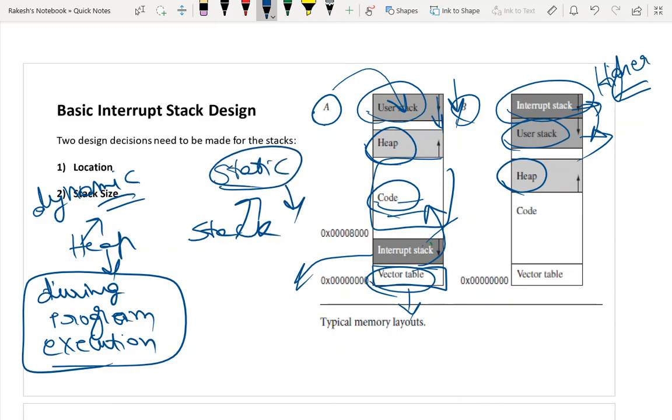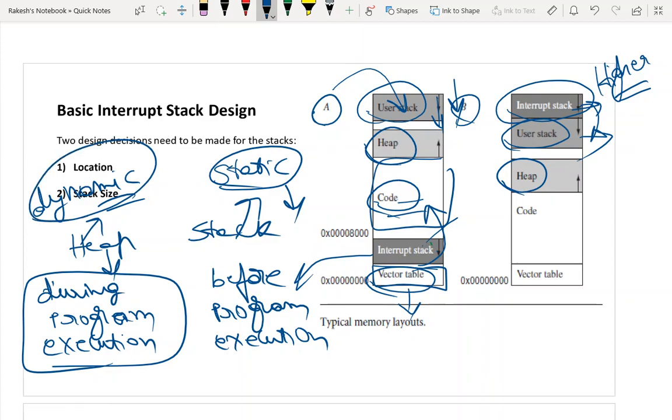Before program execution, the user knows what contents he is going to put into the stack. So before program execution, this is what we call stack. As you can observe here, the heap is a dynamic memory allocation and the stack is a static memory allocation.